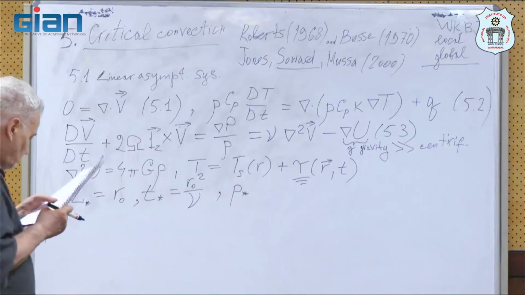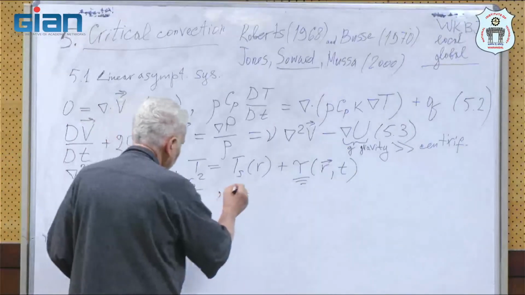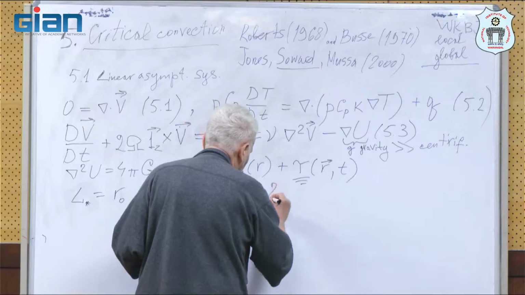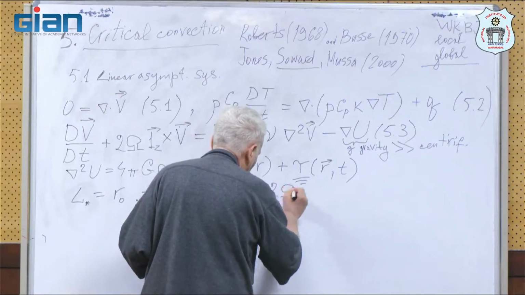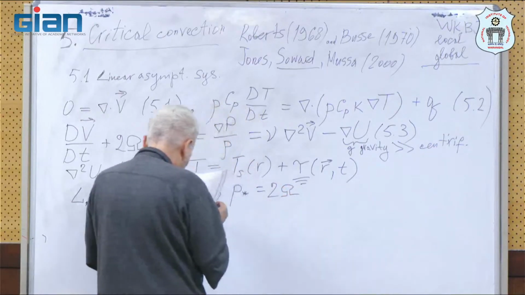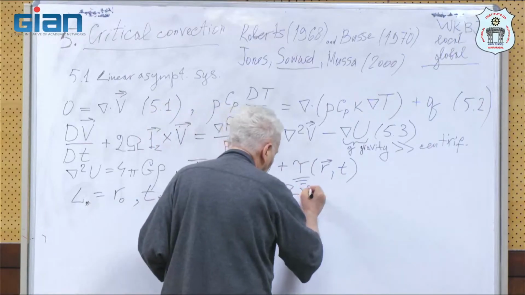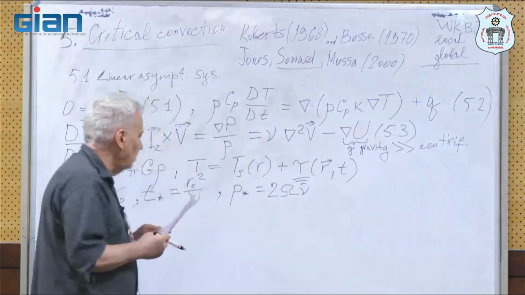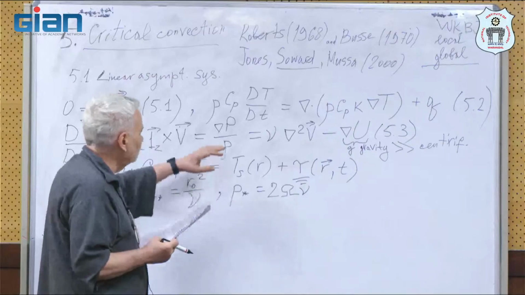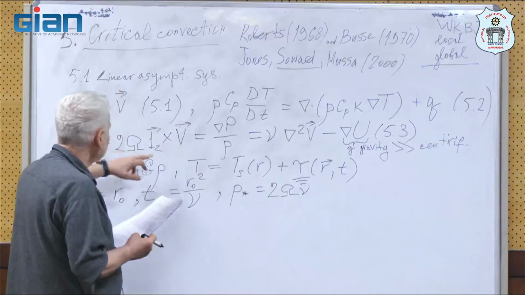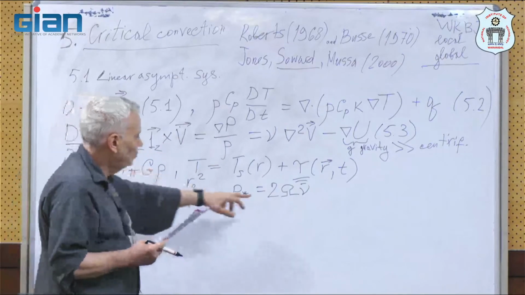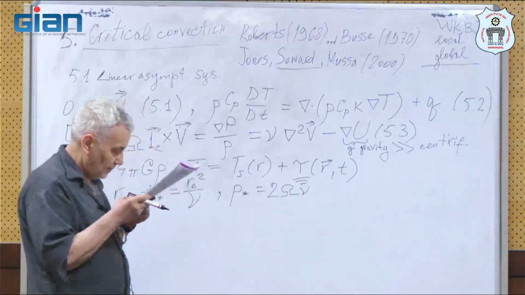So the pressure will have the natural units of 2 omega nu. We use this representation because the pressure, first of all, compensates the Coriolis force. So we use it as a unit.